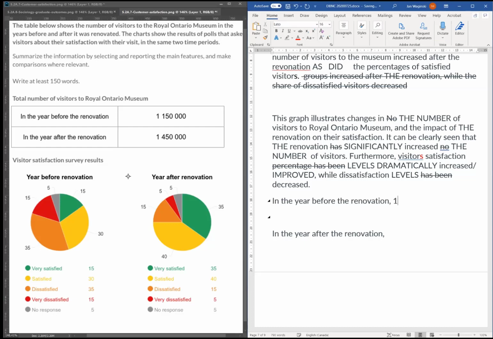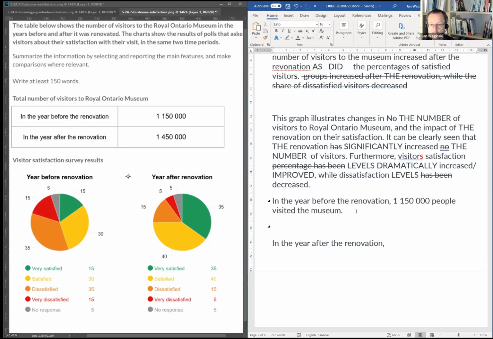Oh, okay. 1.15 million people visited the museum. And what can we say about how happy they were?